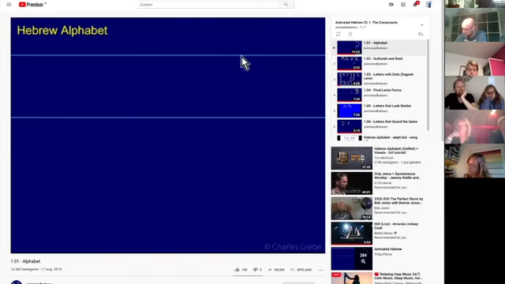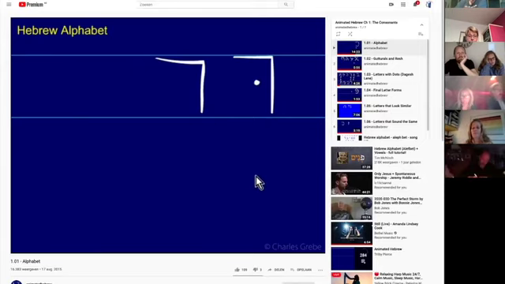After Gimel is Dalet. Dalet is written like this. And like Beit and Gimel, it too can take a dagesh. So we have two of them, with and without. Now, with the dagesh, it is pronounced d, as in dog.